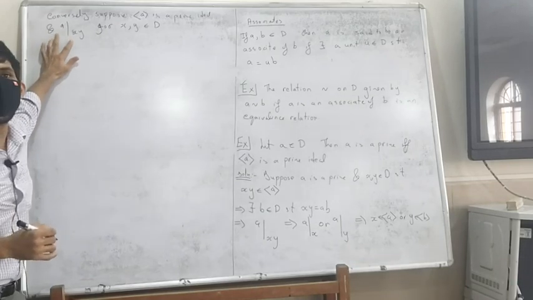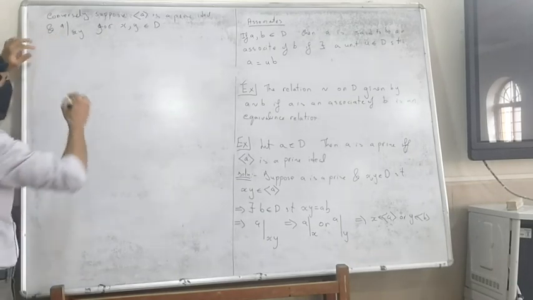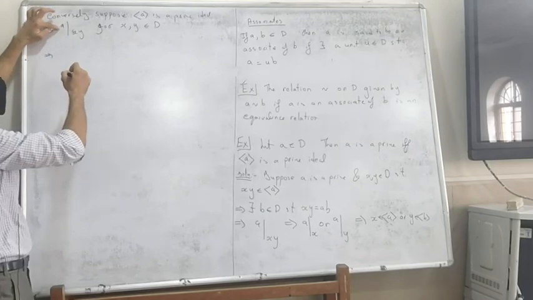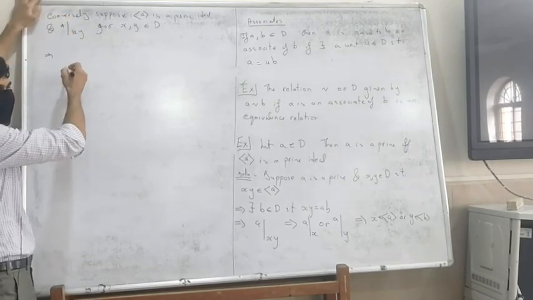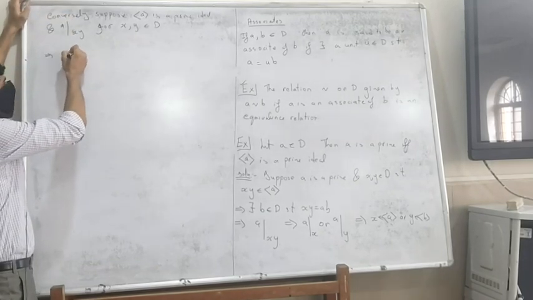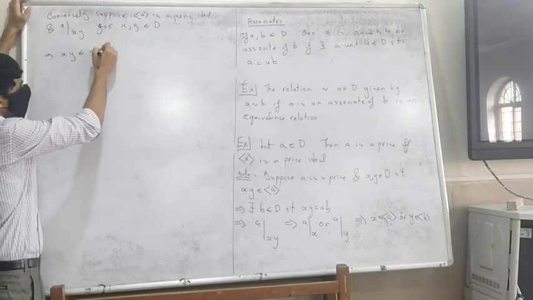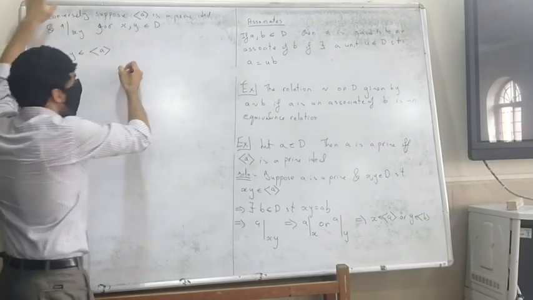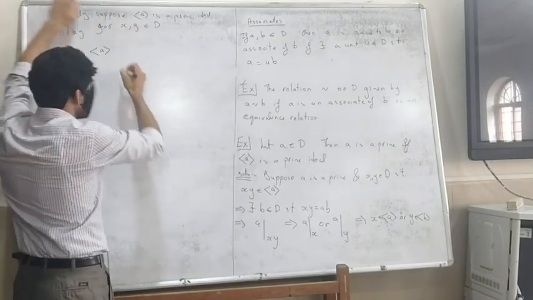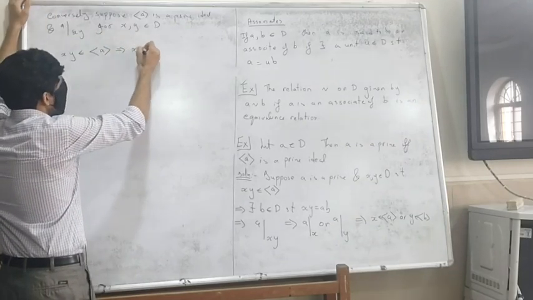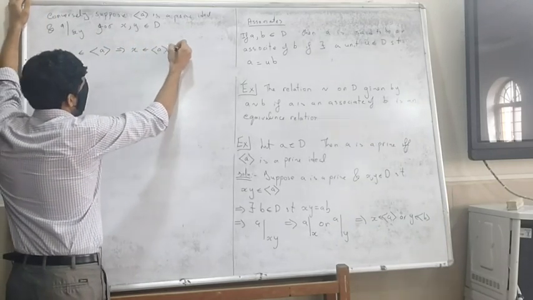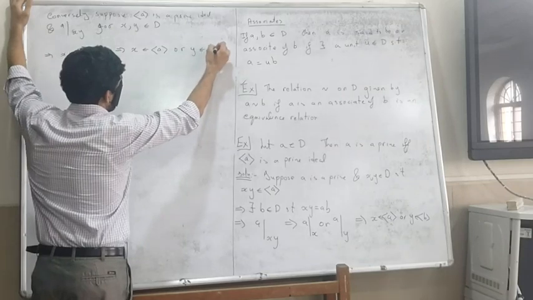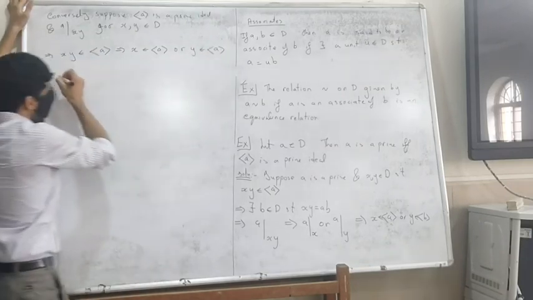That means I need to show that either A divides x or A divides y. By the same type of argument, since A divides xy, what will happen? xy will be in (A), but this is a prime ideal, which means that either x is in (A) or y is in (A). Very simple to observe.